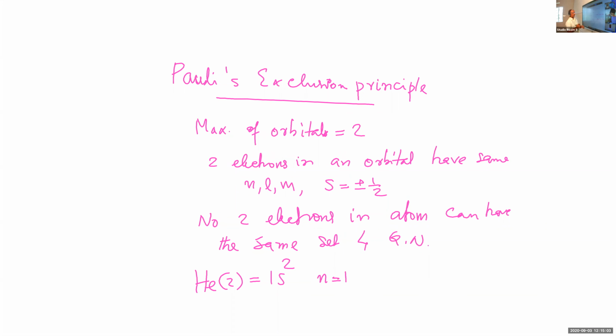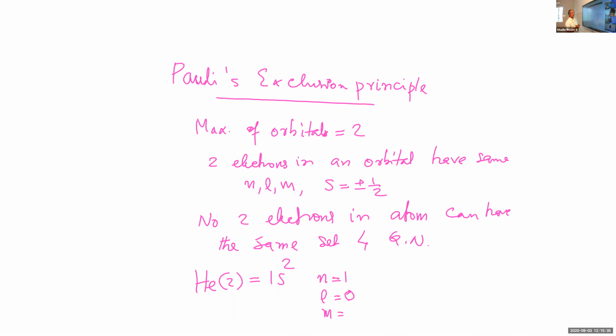If principal quantum number n is equal to 1, what will be the l value? l value is 0, 1, 2, 3 up to n minus 1. Here n is equal to 1, so 1 minus 1 is 0. From 0 to 0, there is only one value, l is equal to 0. And you come to the m value.